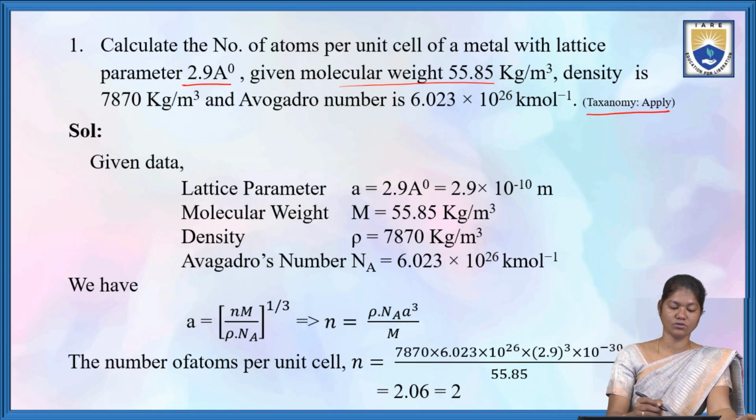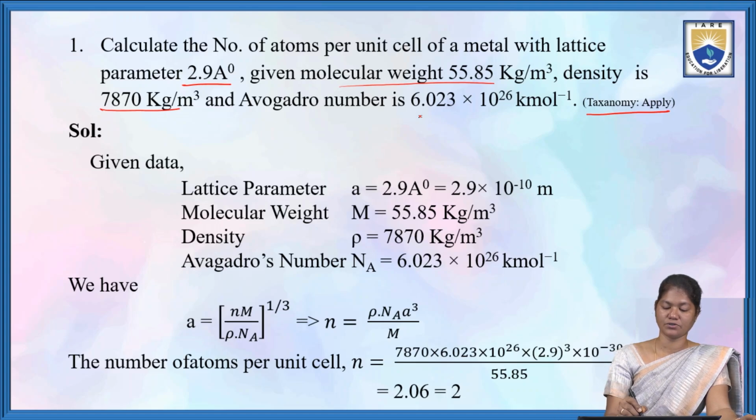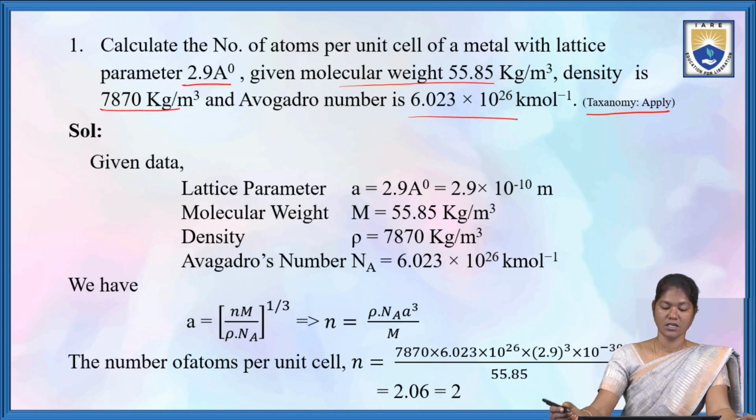The density is also mentioned, 7,870 kilogram per meter cube, and Avogadro number 6.023 into 10 power 26 kilo per mole. So here the data which have been given is written here.